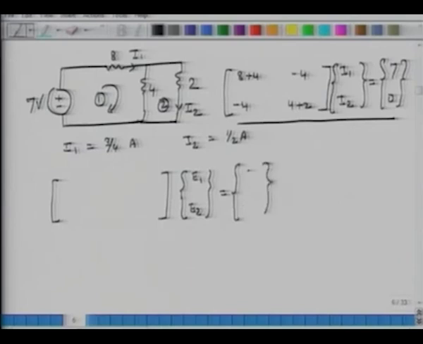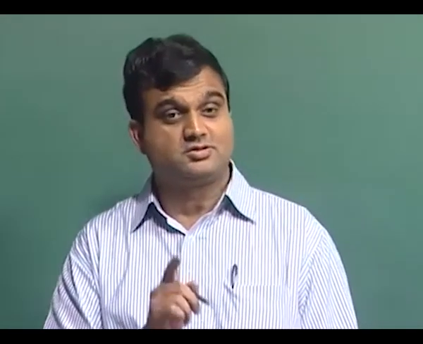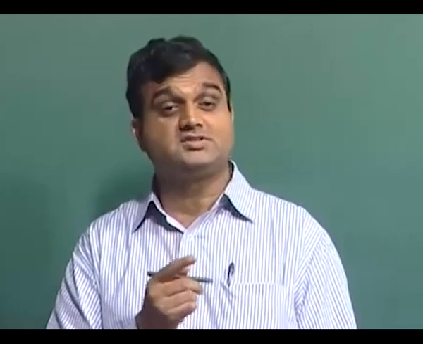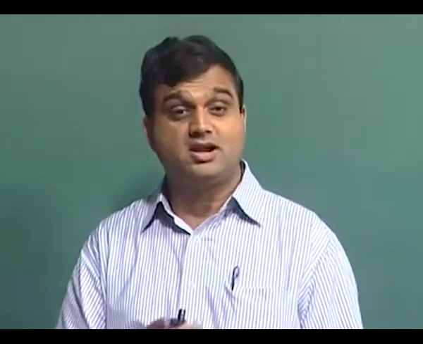It will be 7, but this is a current source, and 0. What will be the first element of this matrix? 1 by 8 plus 1 by 4. Remember, it's admittance. The resistance value will be 1 over 8, but the admittance will be 8. So it will still be 8 plus 4.